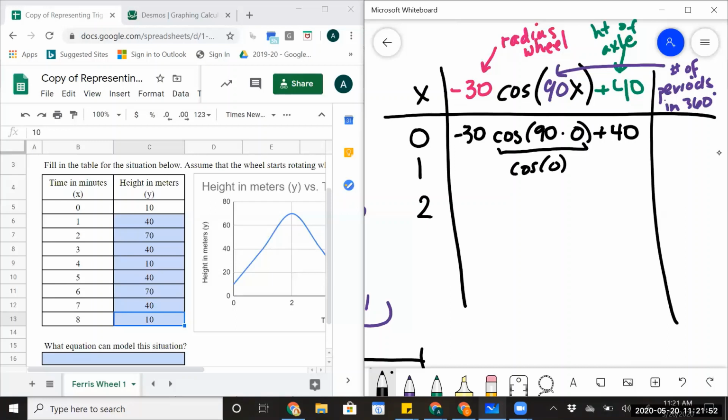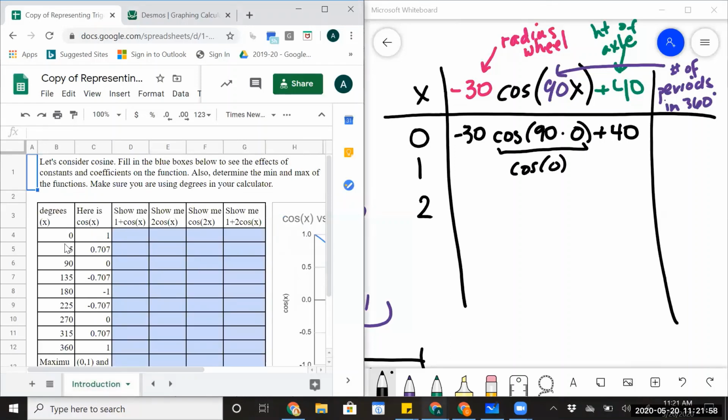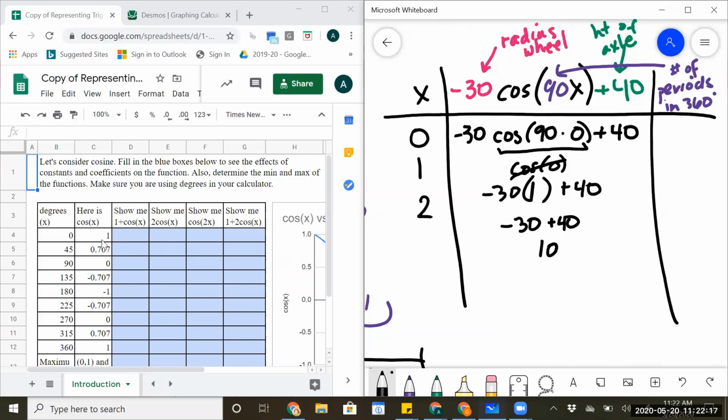Remembering back to our parent function, cosine of 0 degrees is 1. I've got -30 in front of that. -30 times 1 is -30, and -30 plus 40 is 10.